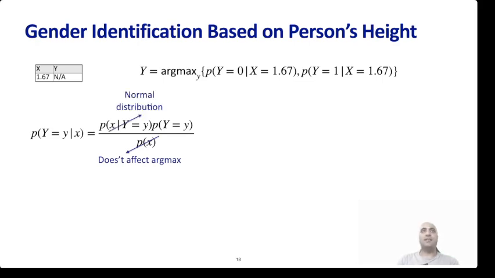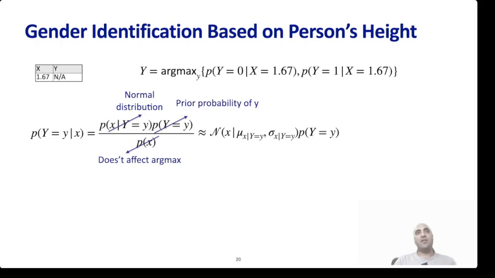This one is the conditional normal distribution because X takes continuous value. So we can easily compute the normal distribution of X with respect to Y. And Py is also the prior probability of Y, which doesn't depend on X value. So we can rewrite this equation like this, that Px doesn't have any impact.